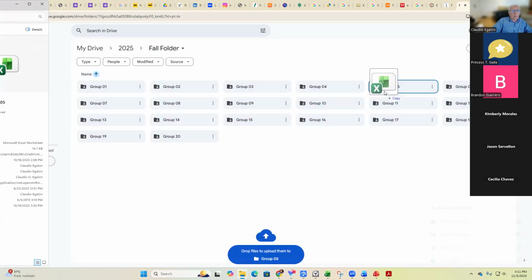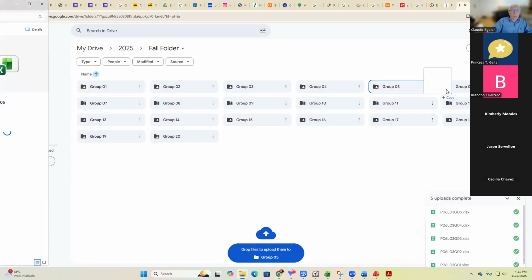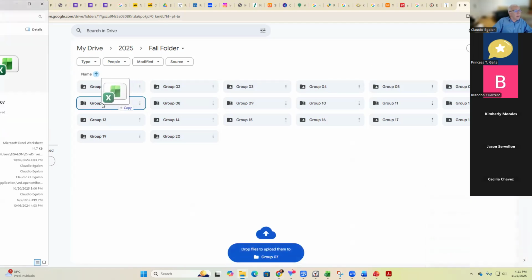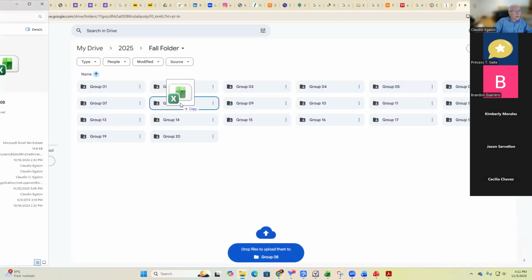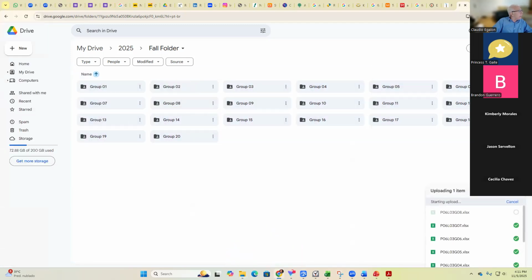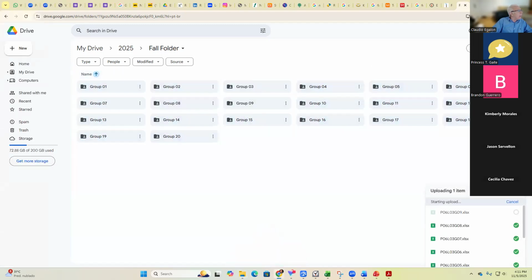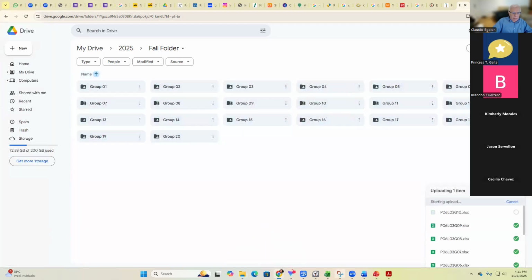Group number 5. Group number 6. Group number 7. Group number 8. Group number 9. Group number 10.